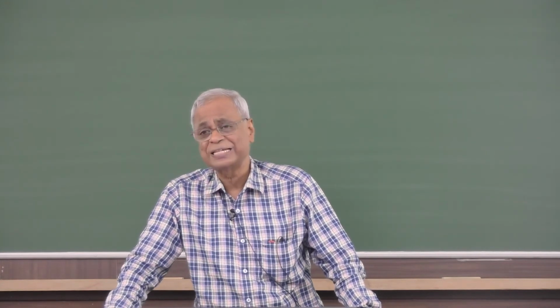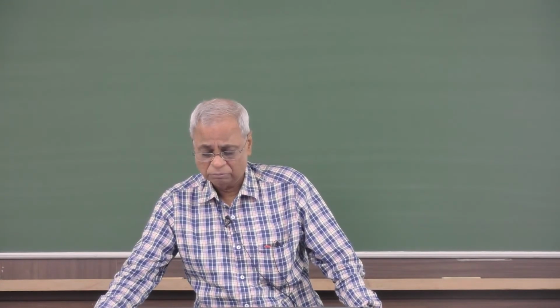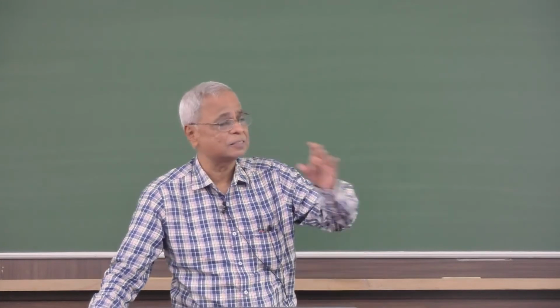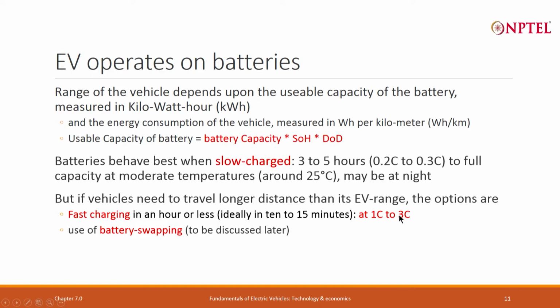But you can also charge at 3C, that is real fast charging, and that is what you can do in 15 minutes. So, this is fast charging. Fast charging is defined as charging a battery completely in 15 minutes, 30 minutes, 45 minutes, even 1 hour, whereas 3 to 5 hours is slow charging.